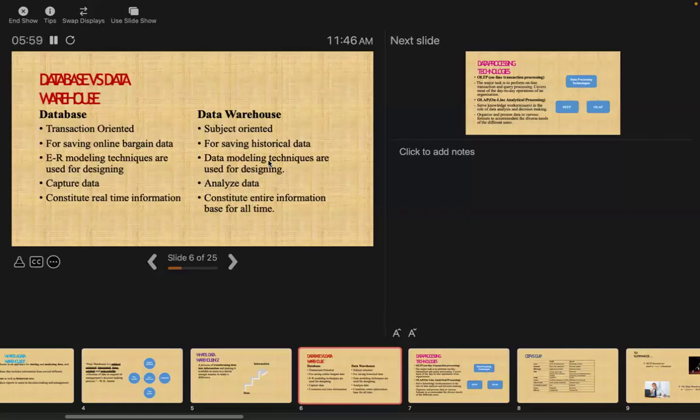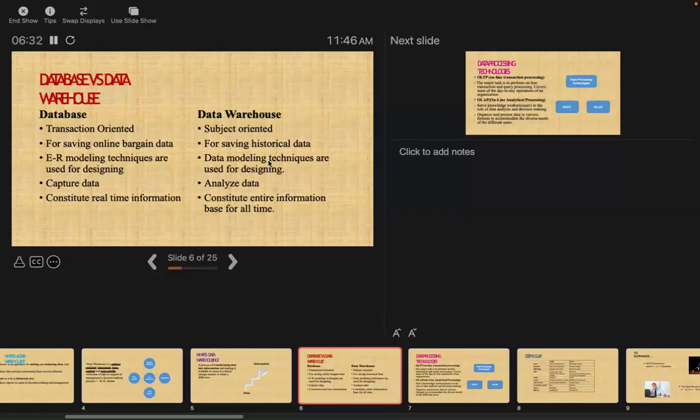We separate the data as per the different subjects. Like in this example, HR will be one, the IT sector will be one, marketing will be one. Accordingly, for those different subjects, we put the data. So that's why we use the term that the data warehouse is subject oriented, not just transaction oriented.